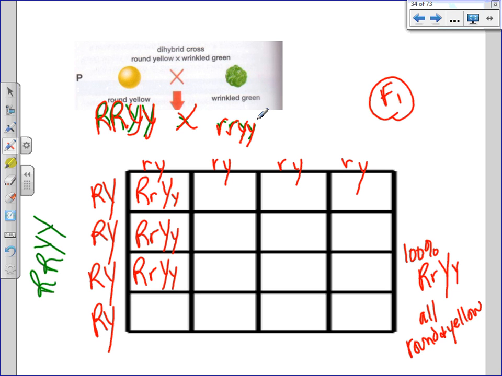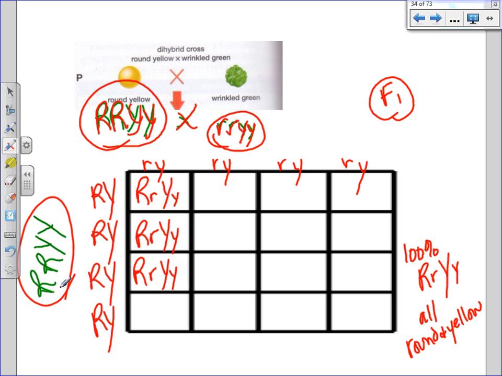Okay, so again, you're going to take the possible genotype of the parents. You put them along the top and the side, and then you look at the possible gametes. In this case, it's fairly straightforward. This parent can only give big R's and big Y's.